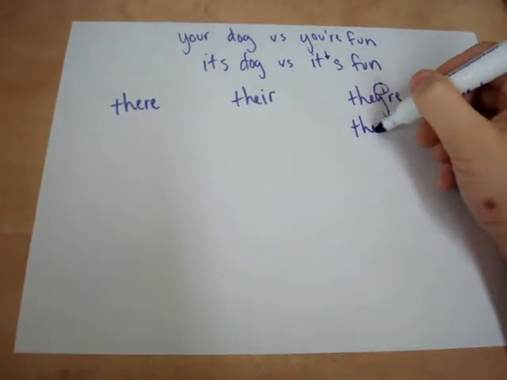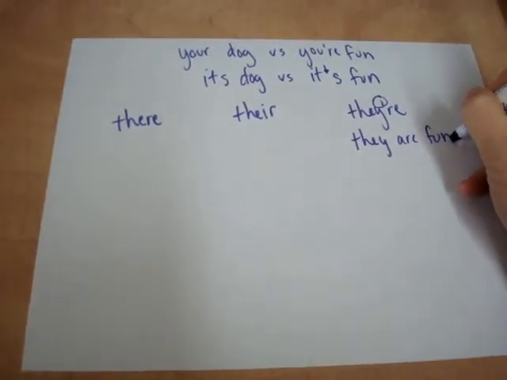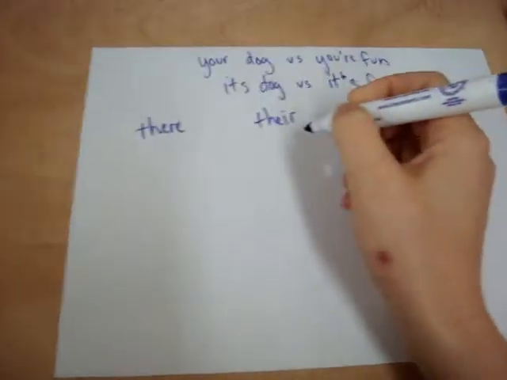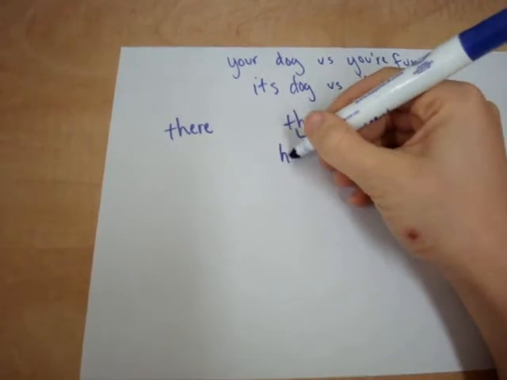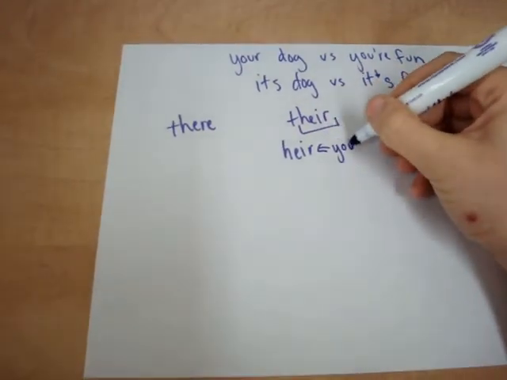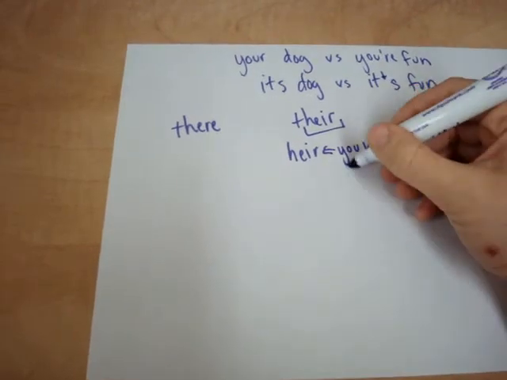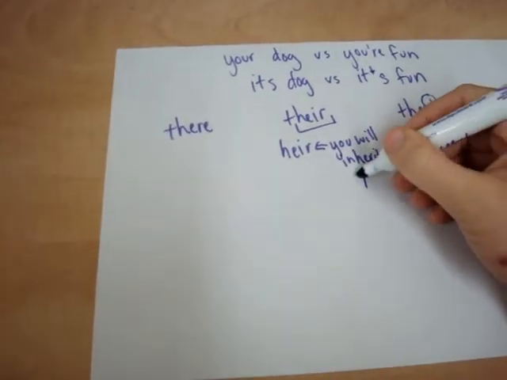The apostrophe one we know is they are. They're fun. They are fun. The middle one has the word heir in it. Now, an heir would be something that you would inherit. You might be the heir of your mother's car.